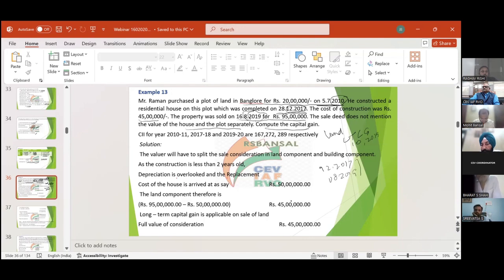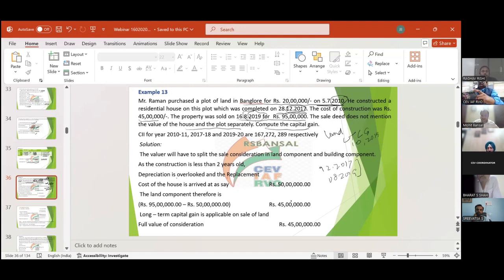So building part will attract short-term capital gain as it is less than 24 months. This is the important thing. As a valuer, you have to consider this fact.